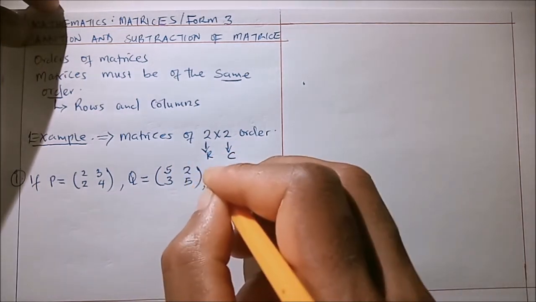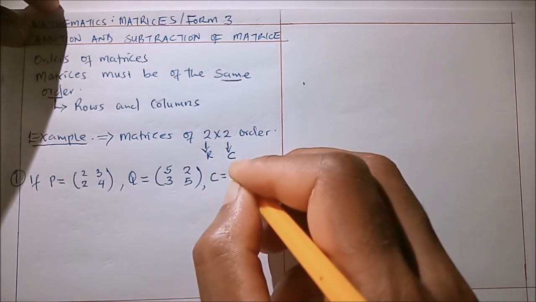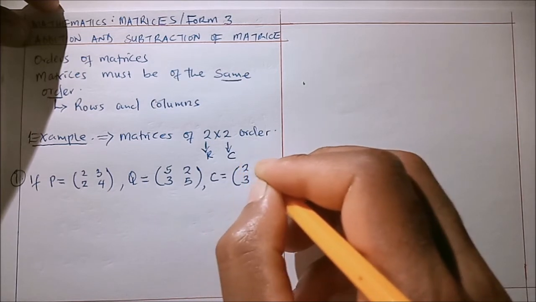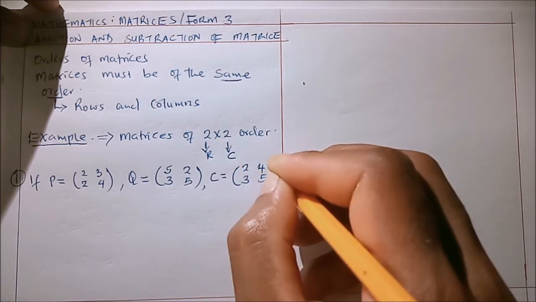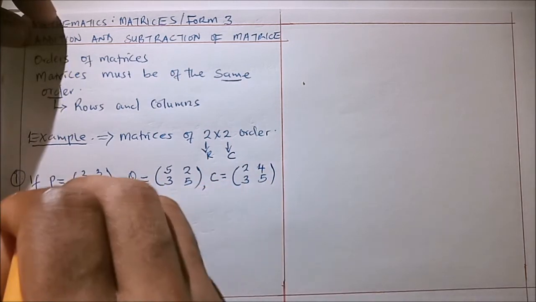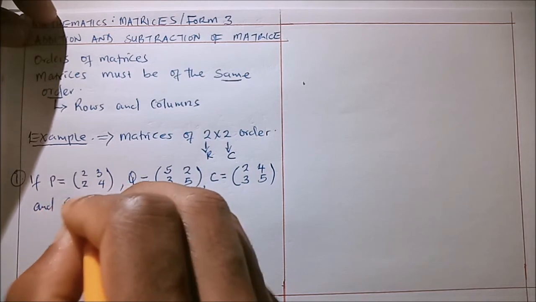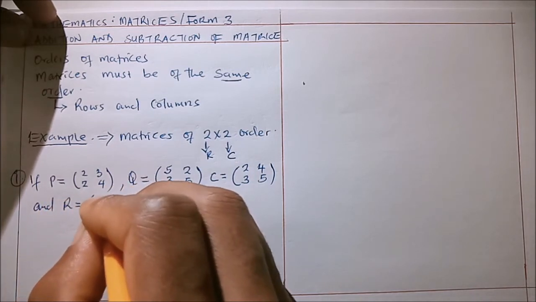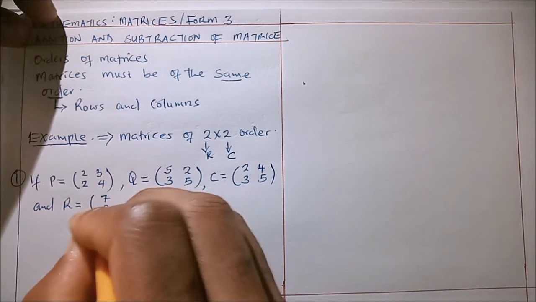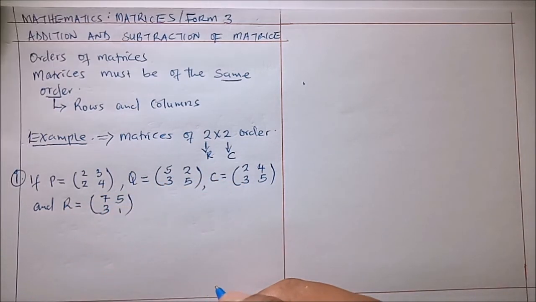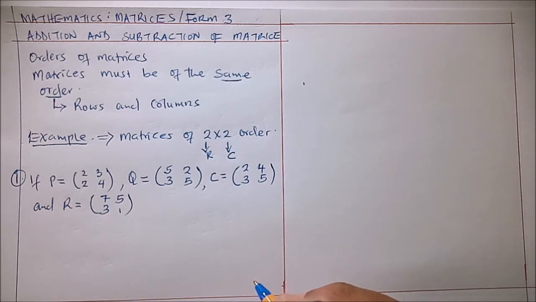We also have matrix C, which is given by 2, 3, 4, 5, and matrix R, which is given by 7, 3, 5, 1. So we have those matrices.